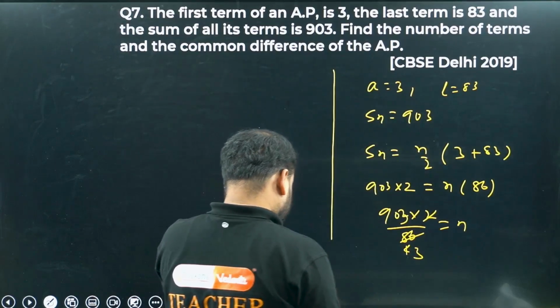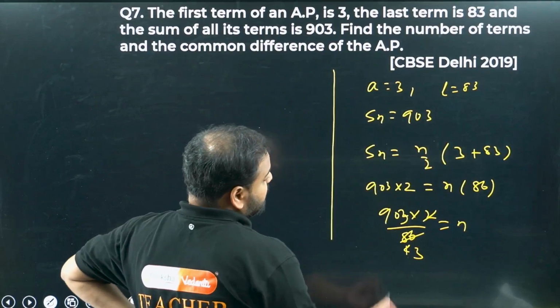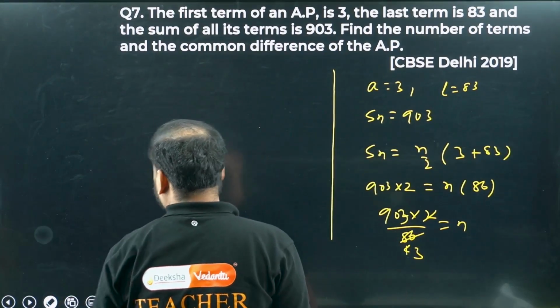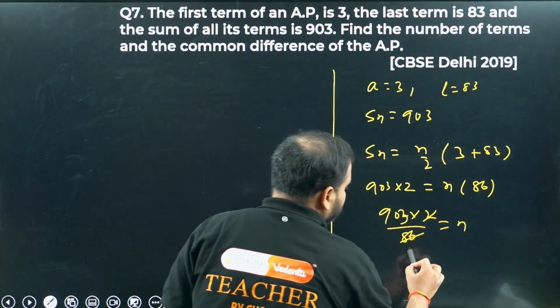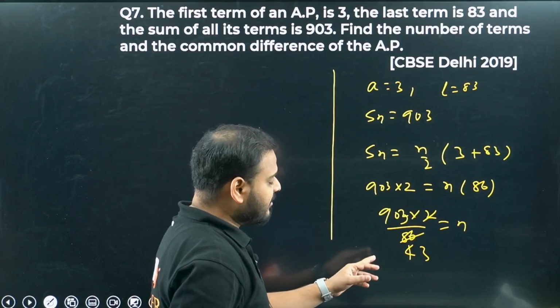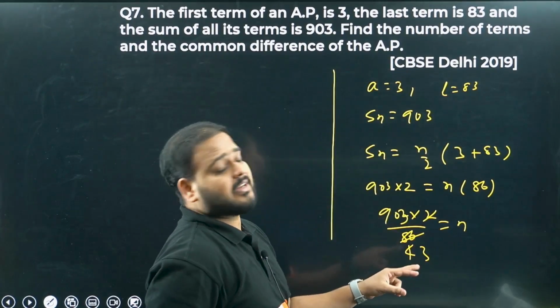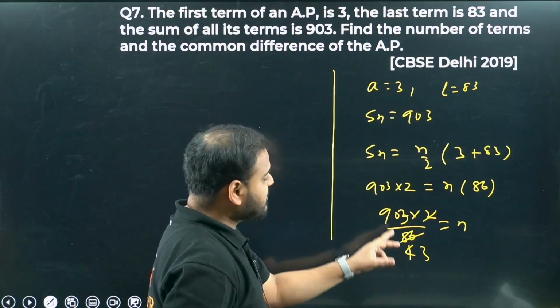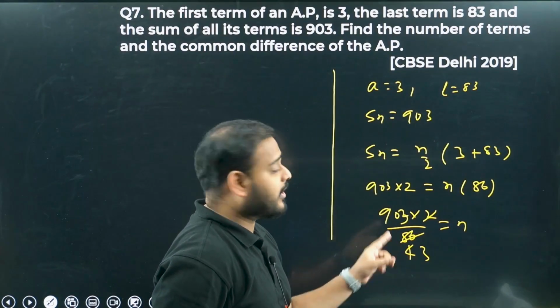So 43 times what will you multiply by to get 903? Very smart calculation over here. If you multiply 43 with 10 it's 430, and 43 into 20 is 860. You can see this number is less than 903, so after 20 times, which number will you multiply to get 903?